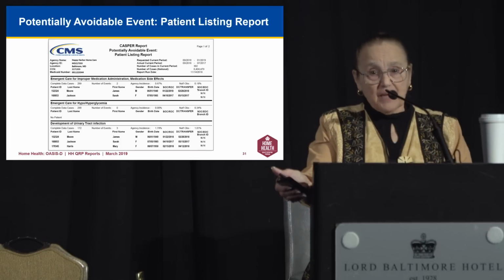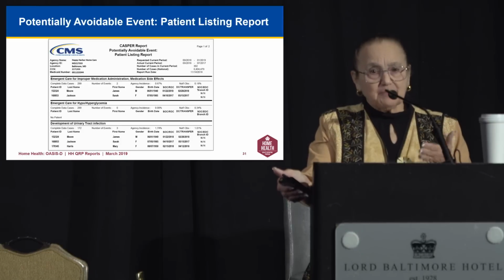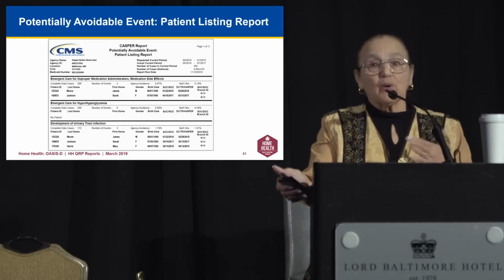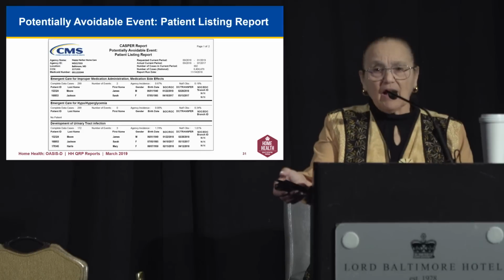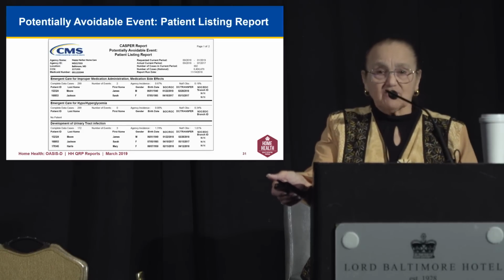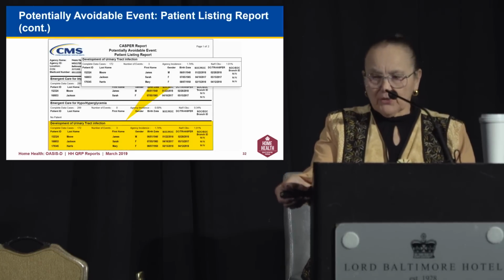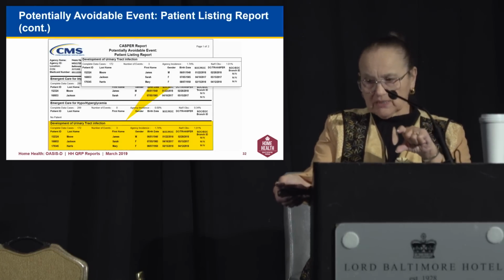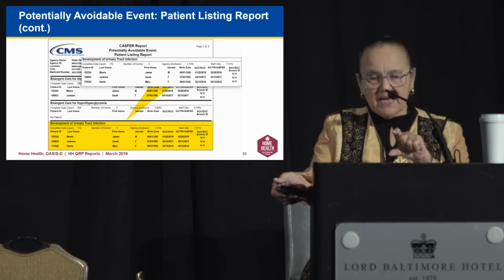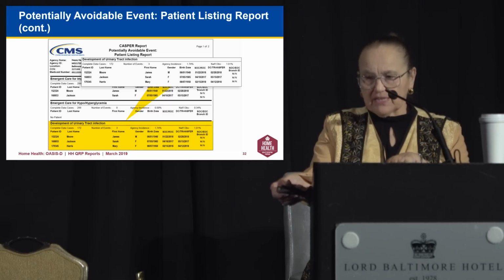Now we can take the patient listing report and we'll find out who they are. And a deep dive chart audit is going to tell you a lot of things about how that might have happened, and it will help you to answer the question, was this avoidable or not? And this is showing you what a specific section looks like and gives you the information about each patient and that particular event.